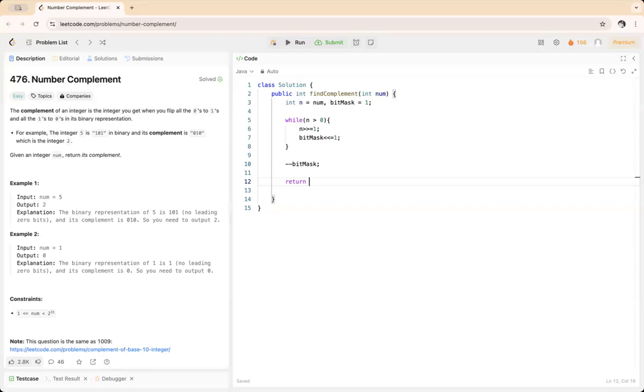But if some bit is 0 in the given number num, then since in the bit mask that corresponding position is already 1, 0 and 1 will be 1. So we are flipping in that way. We'll take this num, do the XOR with the bit mask, and return that. That's all.